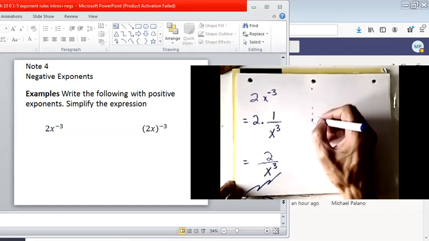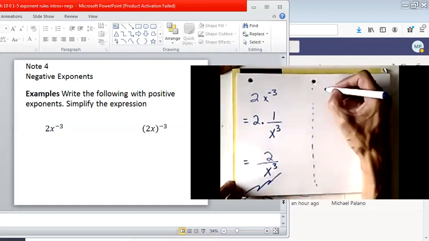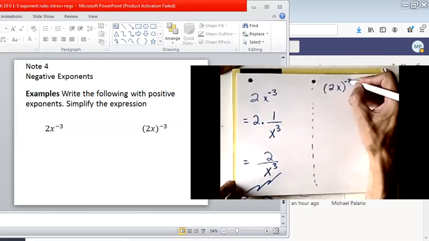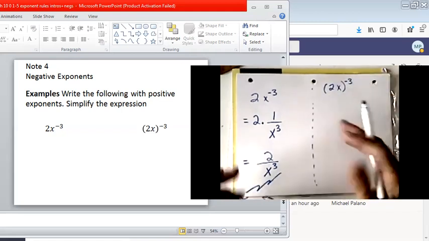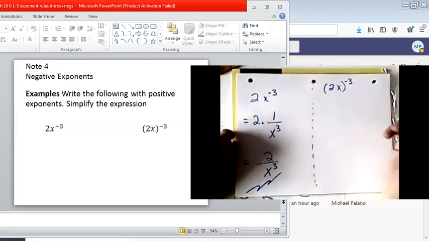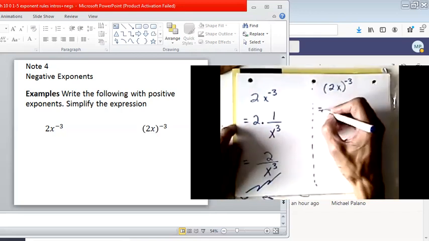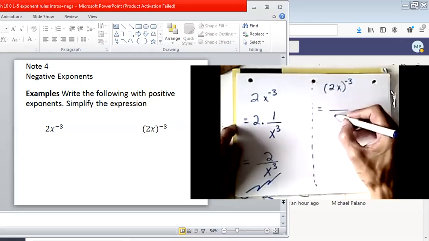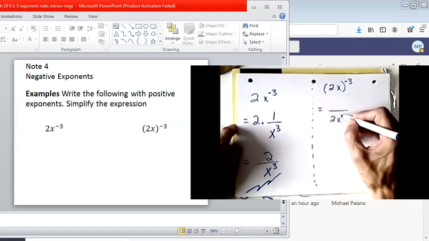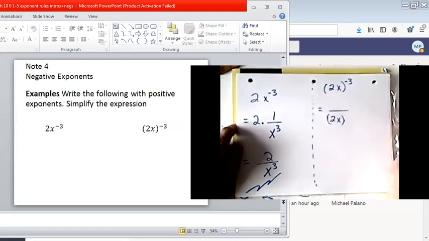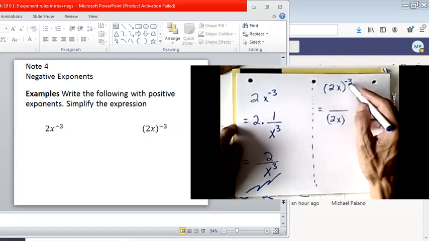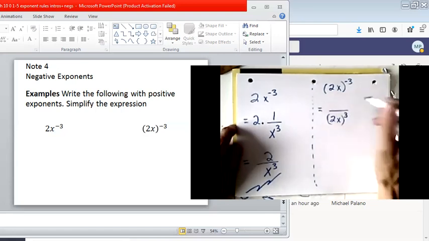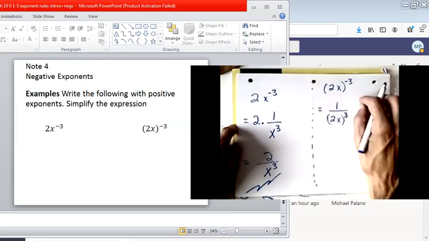Now, this question is a little different from the one on the right, because the one on the right has brackets on it. That means the 2 is together with the x. So the first step is to put the 2x onto the bottom, all together, but the exponent will have a sign now of positive. It will be plus 3, leaving a 1 on the top.